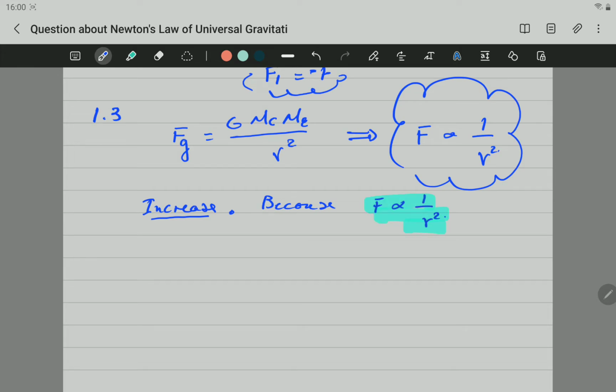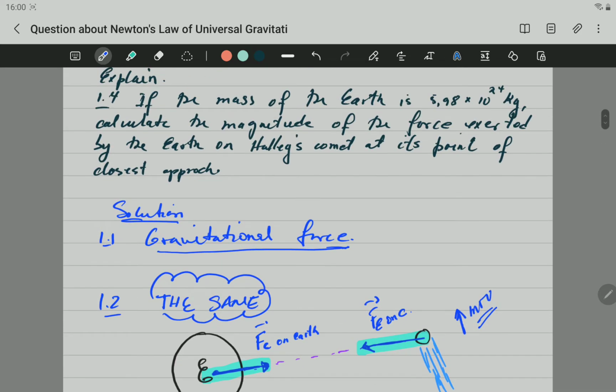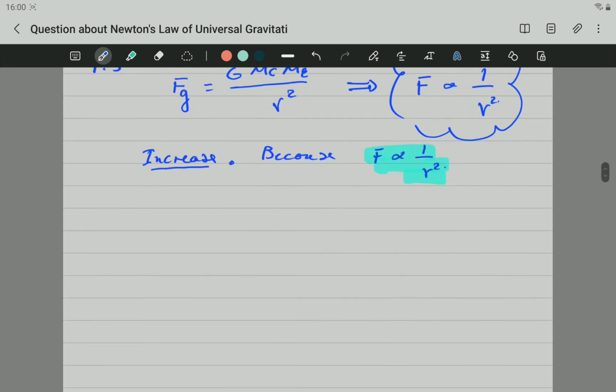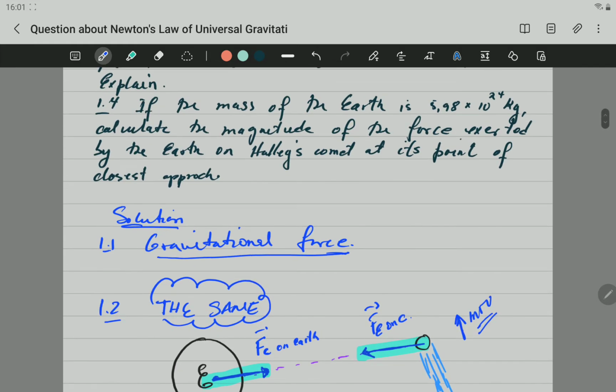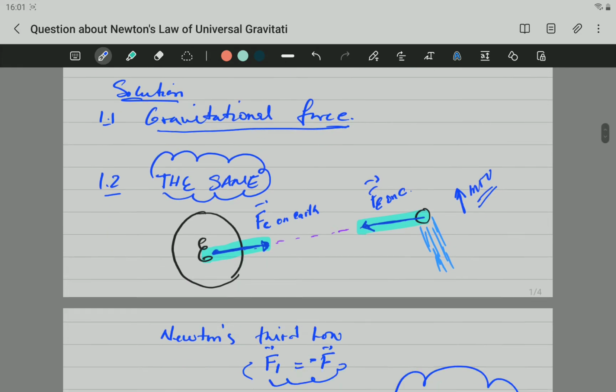It is quite simple. And then the last question, 1.4: if the mass of the Earth is 5,98 times 10 to the 24 kilograms, calculate the magnitude of the force exerted by the Earth on the comet. Let's write the data first. The mass of the Earth is 5,98 times 10 to the 24 kilograms.